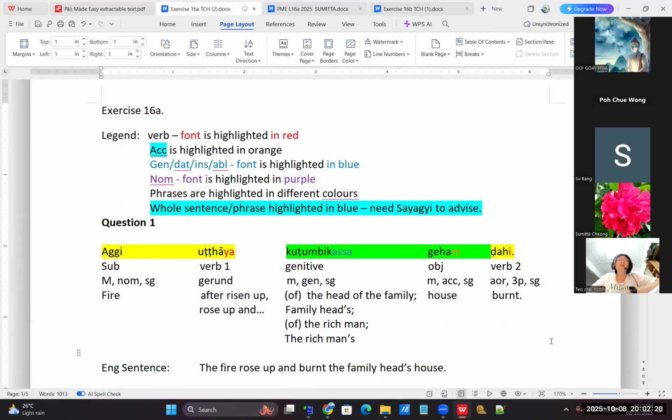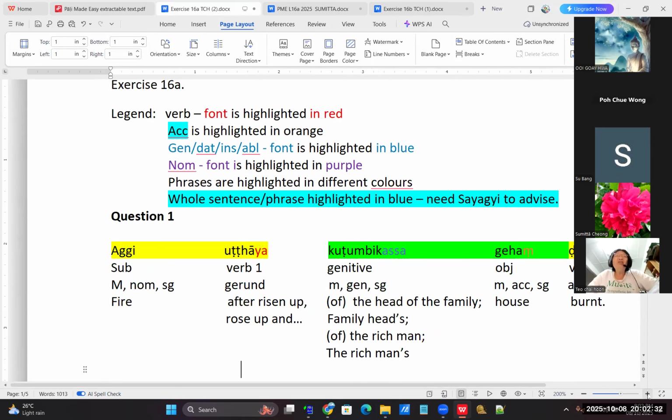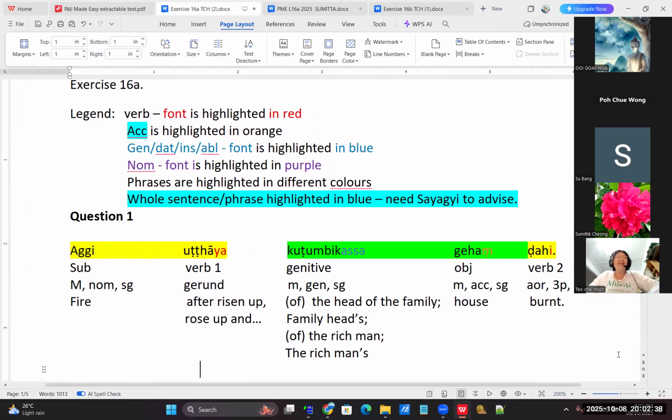Chai Hun put many colors. I have to remember the colors. Utthaya, had to make a hit. So actually, I don't know where I copied the Kutumbikasa 'become rich man' from. I don't know from where I got it.